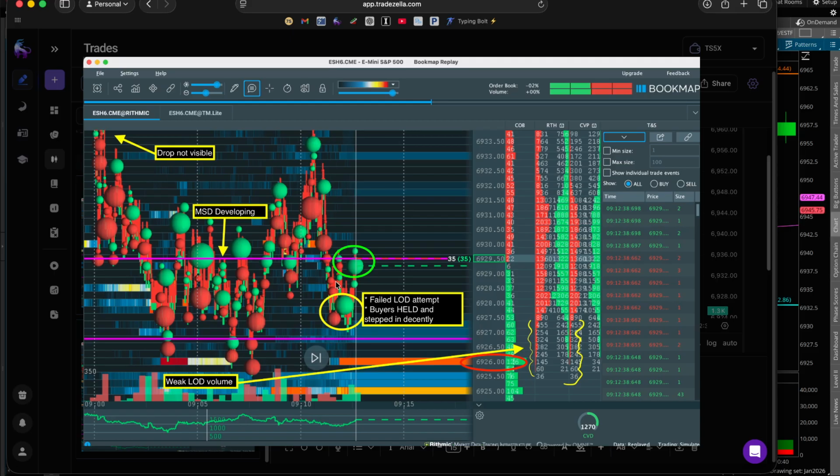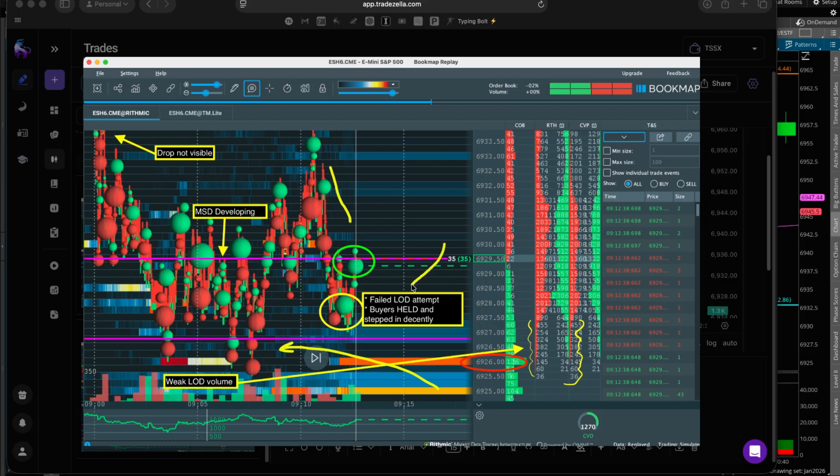We pull back into it, and on this pullback, there was another, I guess you could call it, low of day attempt, because at this point you would expect that if price was really bearish, after this pop, we would go ahead and target the low of day. But we were unable to target the low of day.